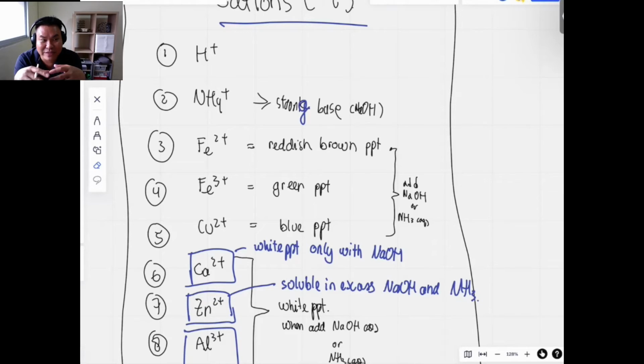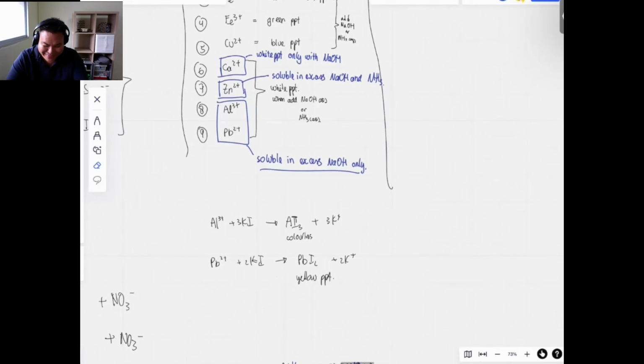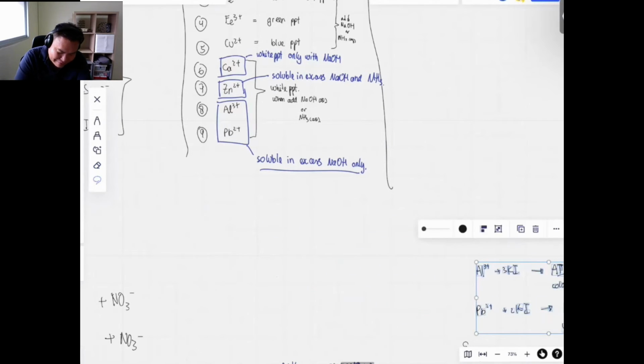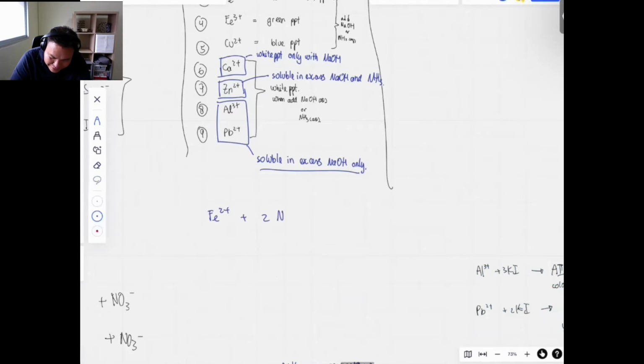That reddish brown precipitate is Fe(OH)2. Fe2 plus plus 2 NaOH, then you get Fe(OH)2 plus 2 Na plus. This is a reddish brown precipitate.